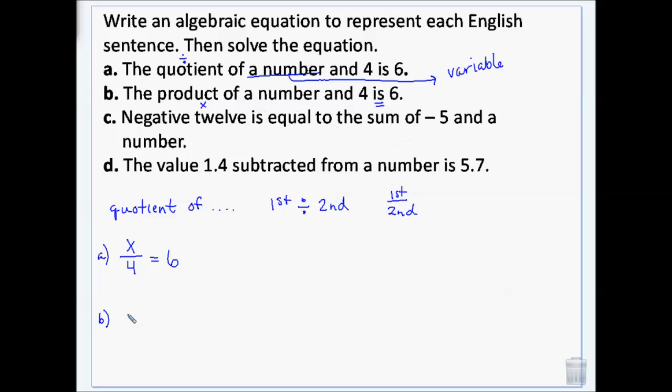So that would be x times 4 equals 6 if you wrote it in their same exact order, but we never write it that way. We do 4x equals 6. So these are both correct, but this is standard, yeah. This is more correct.